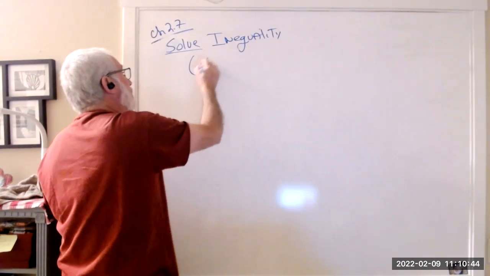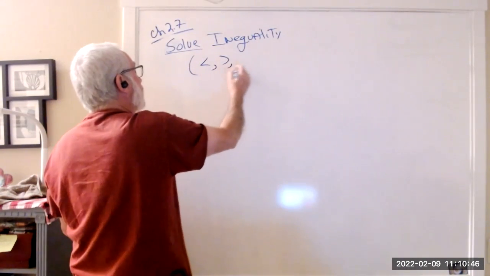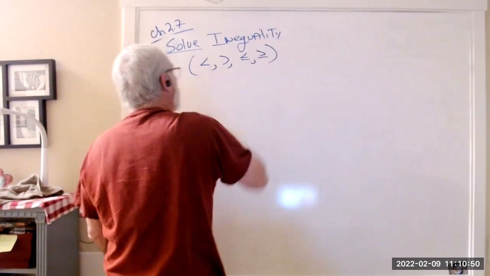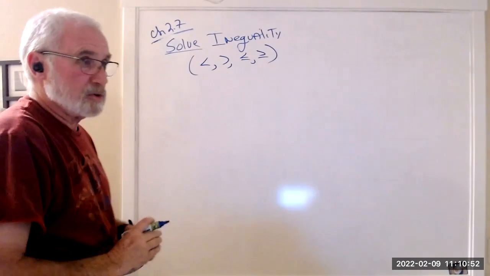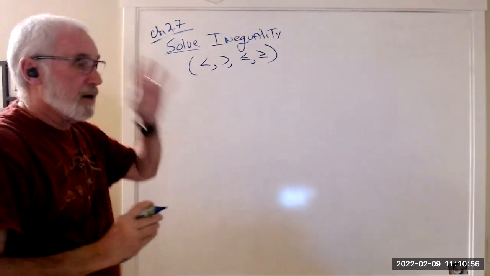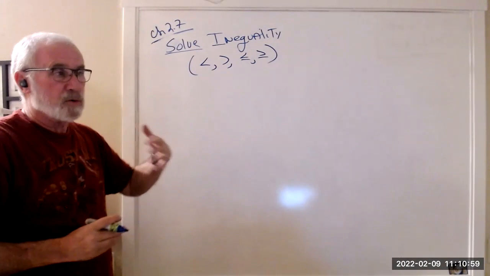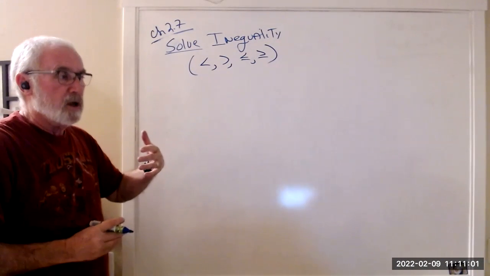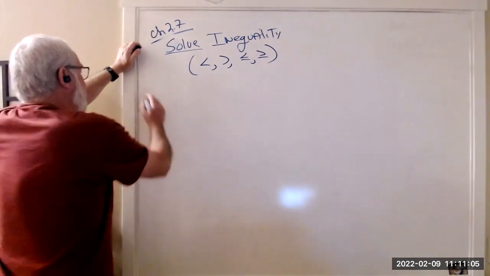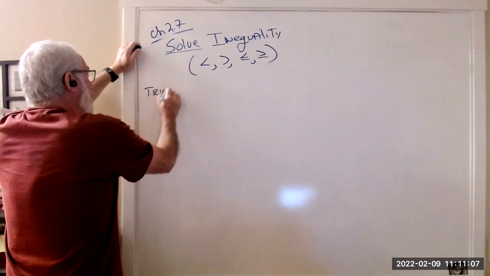That means the problem will have less than, greater than, less than or equal, greater than or equal. Those are called inequality symbols, and we want to solve those. Now there's 2 types. This is the one you're mostly used to, and then I'll show you another type. And there's a trick that you need to know.